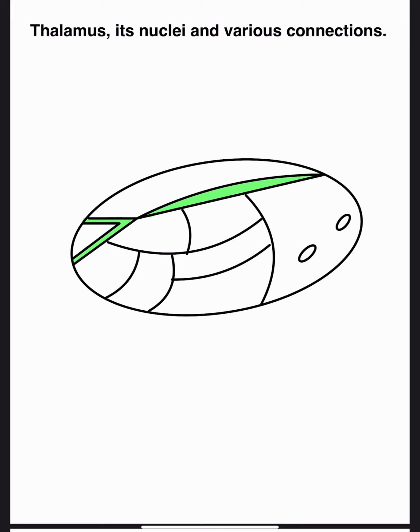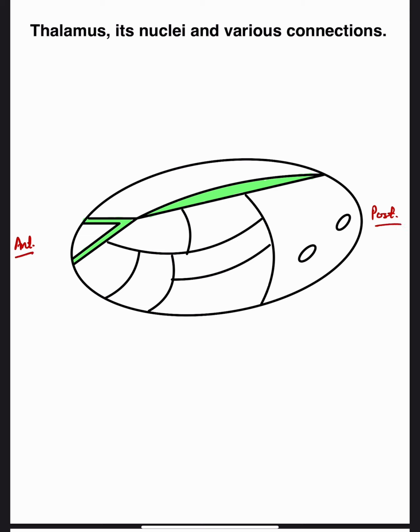This is the anterior end, and this is the posterior end. Now we are going to name the nuclei by understanding the dimension of the thalamus. We have established this portion as the anterior and this portion as the posterior.